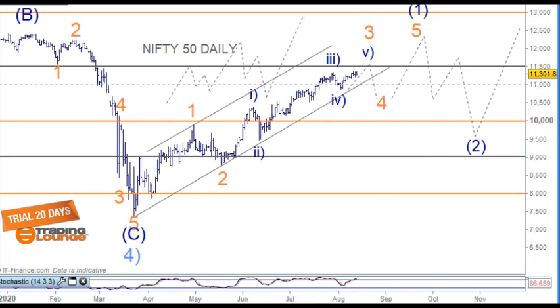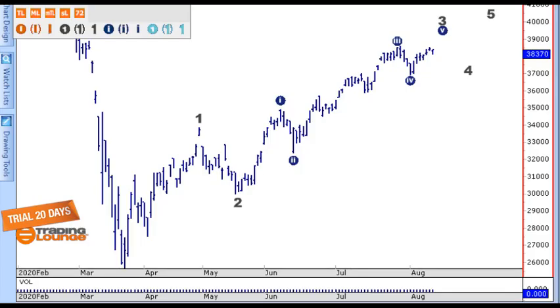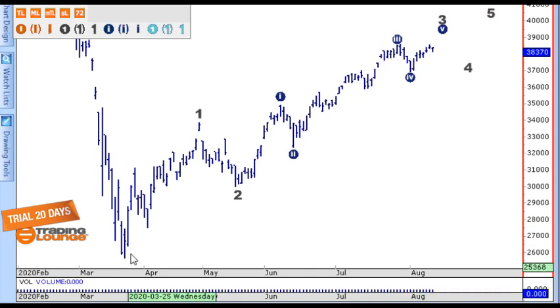Across here, we're looking at this with global markets. I was looking at this here on the BSE. So here it's really quite clear as well.